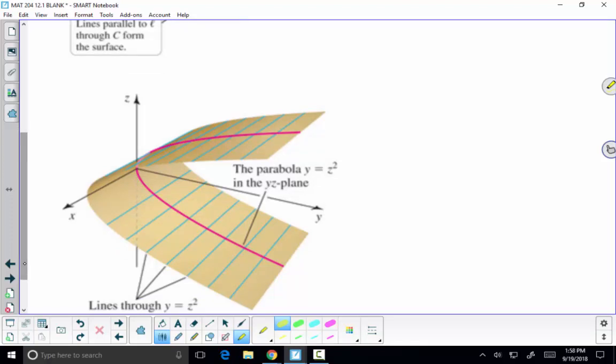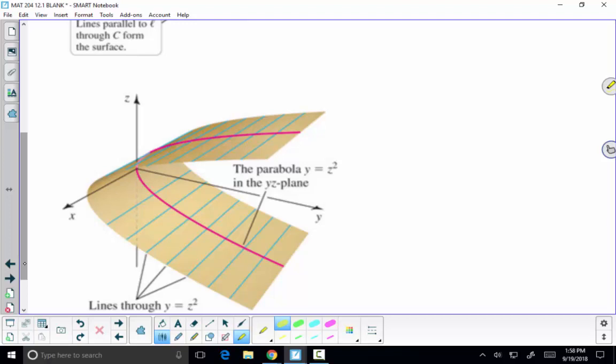I don't quite get the part about all the lines parallel to L. Like, who's to say that they're parallel to L like that? Why can't they be parallel to L in some other direction? They have to be parallel to L and go through the curve. Can't they still do that?